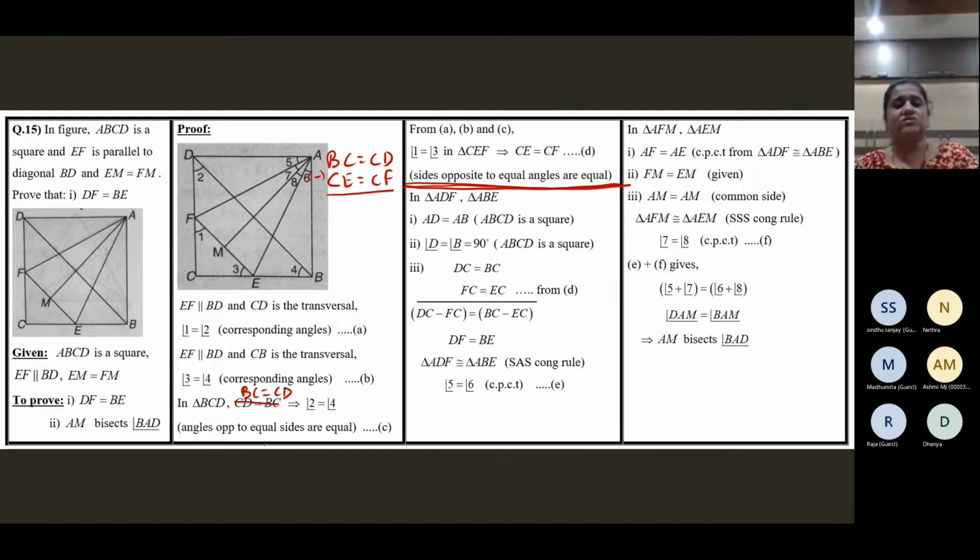On subtracting, BC minus CE, which is BE, is equal to CD minus CF, which is DF. So like this, you get BE is equal to DF. Please complete this, children. I have not completed.